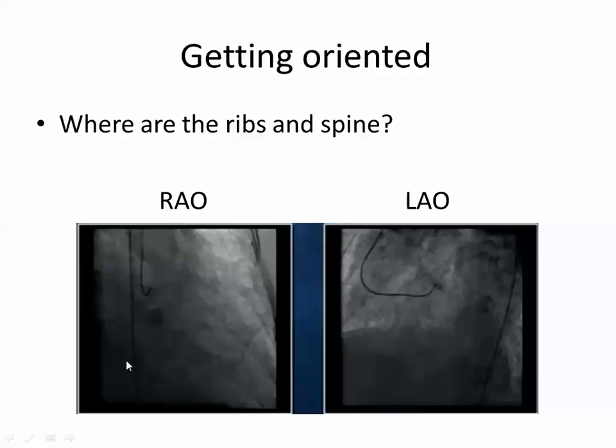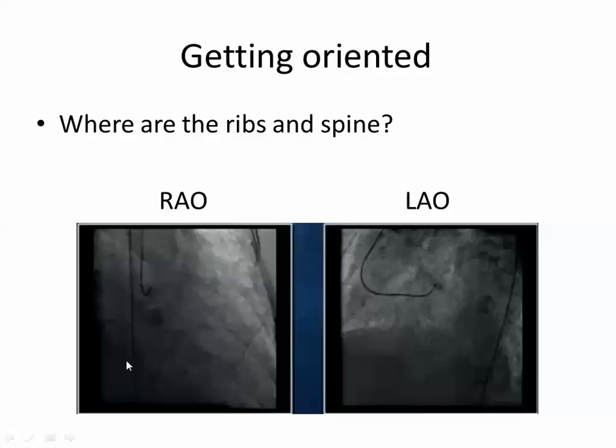A simple method is the method of your hand. The direction of the ribs: if you want to catch the spine, will you catch it with your right hand or left hand? Your right hand.